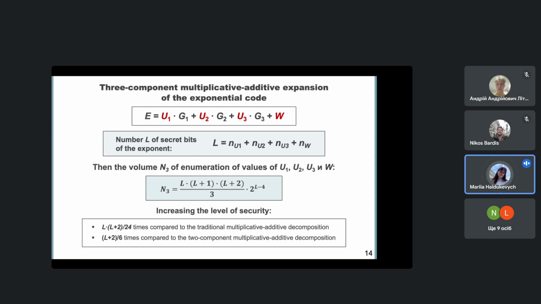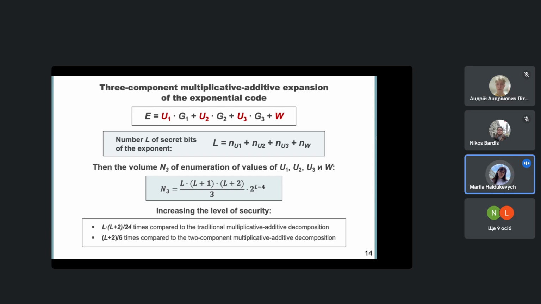With a three-component multiplicative additive decomposition for L equals 120, the volume of search N3 equals 36,905 multiplied by 2 to the power of 120, which is 20 and 610 times greater than the same indicator for a two-component and traditional one-component multiplicative additive decomposition, respectively.